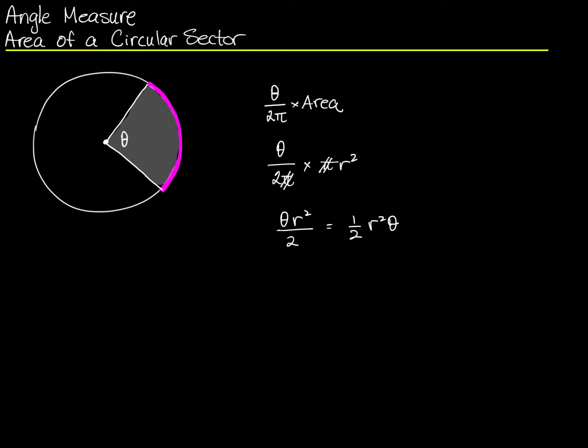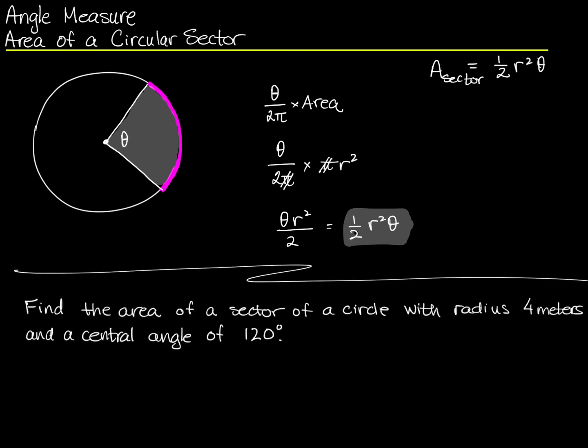Your textbook has it in this form. So here's another formula you might want to write on a note card. The area of a sector is 1/2 r squared theta. If you know the radius and the angle, then you can figure out what the area of this portion of the circle is.